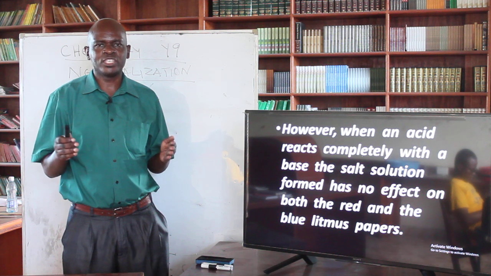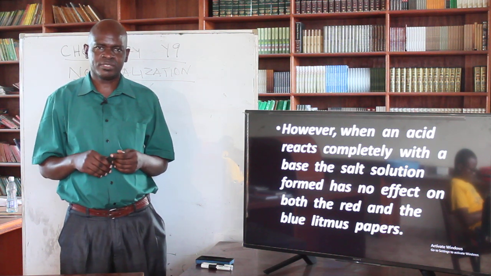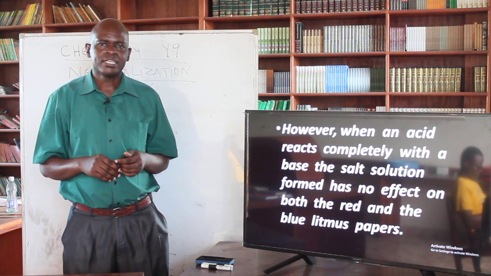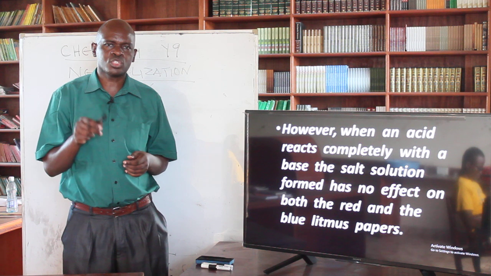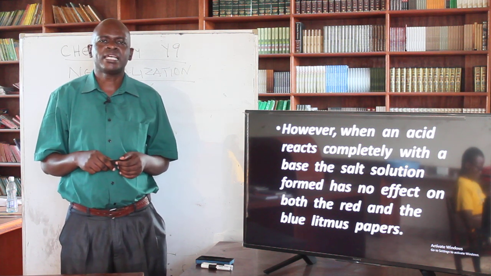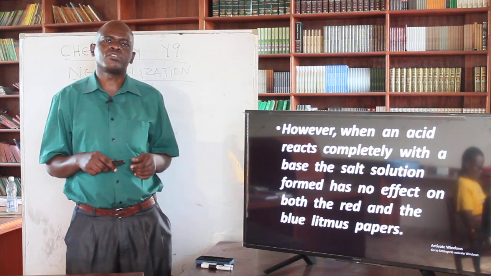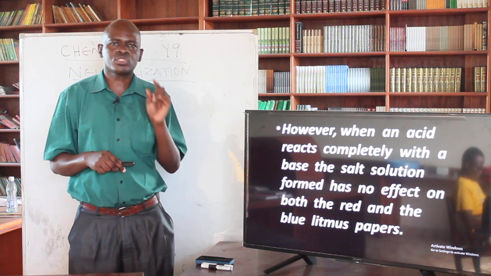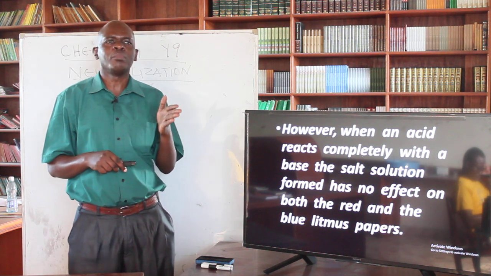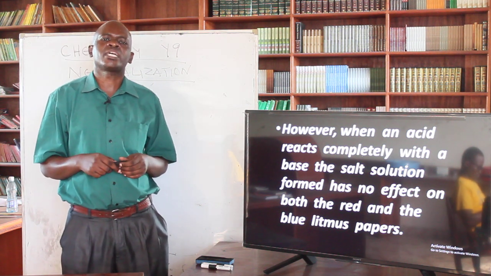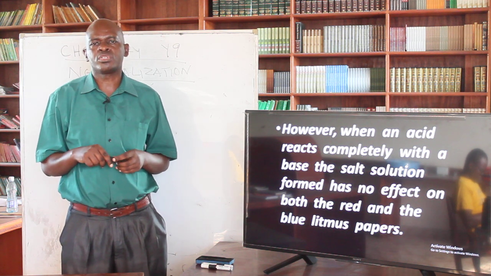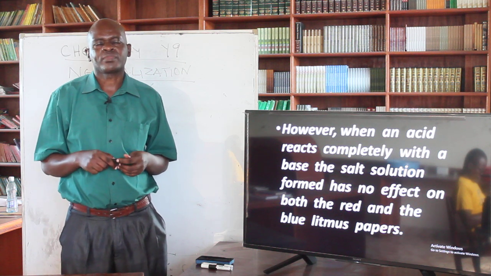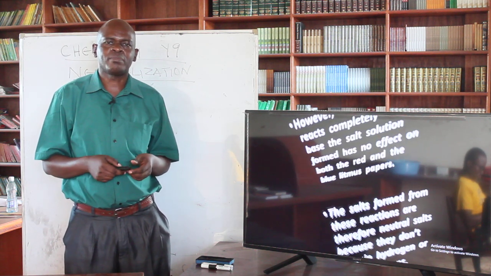When we have a neutralization reaction taking place, the resultant salt is in solution form, because we are talking of a salt and water, so it means the salt being formed is soluble and therefore dissolves inside the water. So the resultant salt solution formed has no effect on both the red and the blue litmus papers.